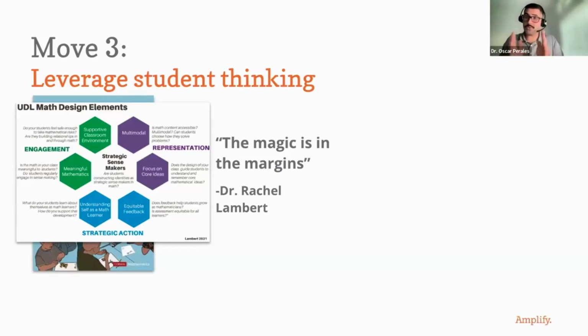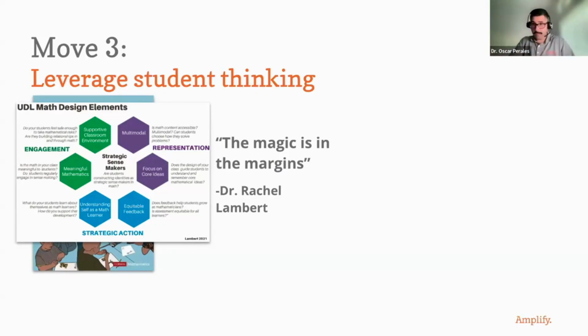Like, where's the math too narrow? How can I provide more access for all of my students? And then how can I provide more support for them? And so she takes this universal design for math, these design elements of providing students with multiple opportunities to engage, to represent, to show their thinking. So that's a great way to really start leveraging and opening up access to all of your students.